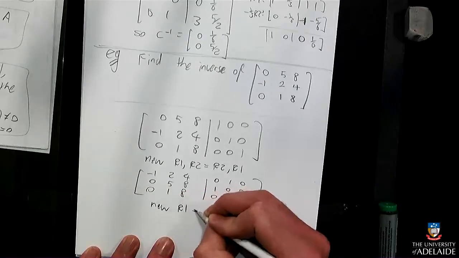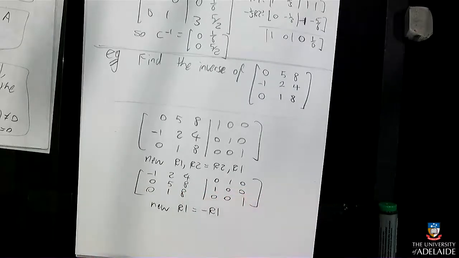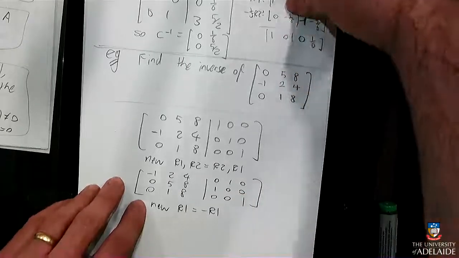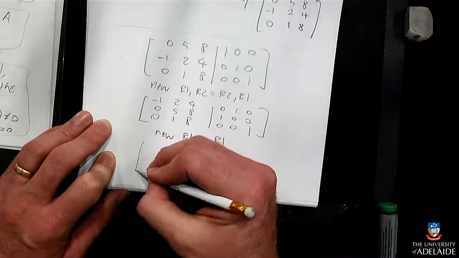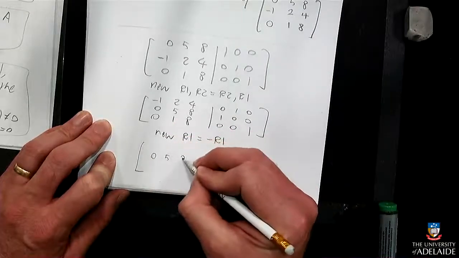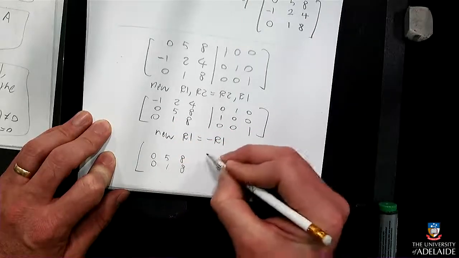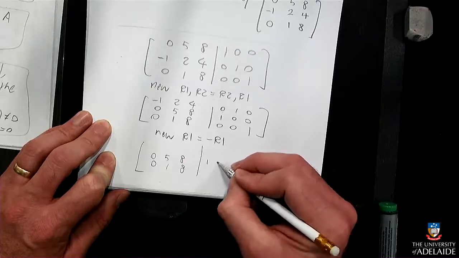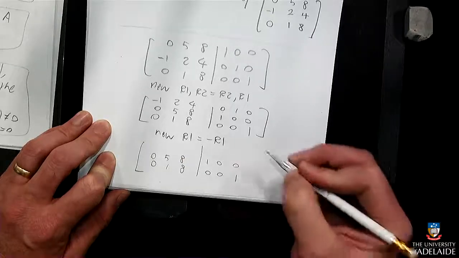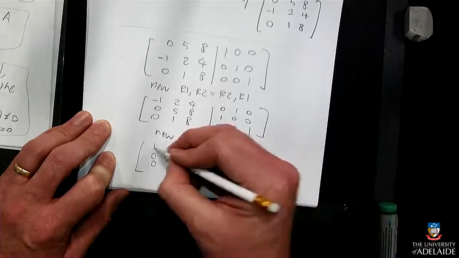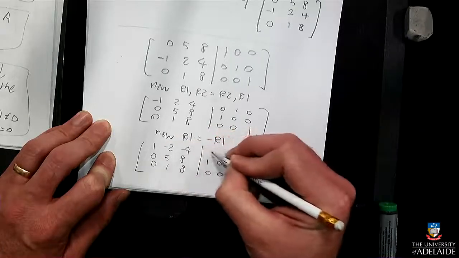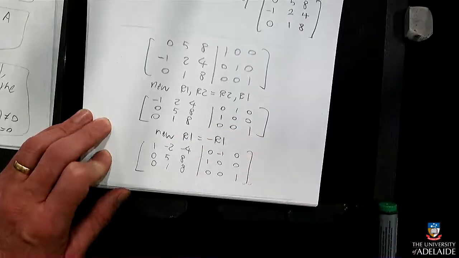So the new row 1 is minus the old row 1, because that's the same as multiplying by a number, so that's okay. So I didn't change row 2, I didn't change row 3, and the new row 1 is minus the old one. Okay.